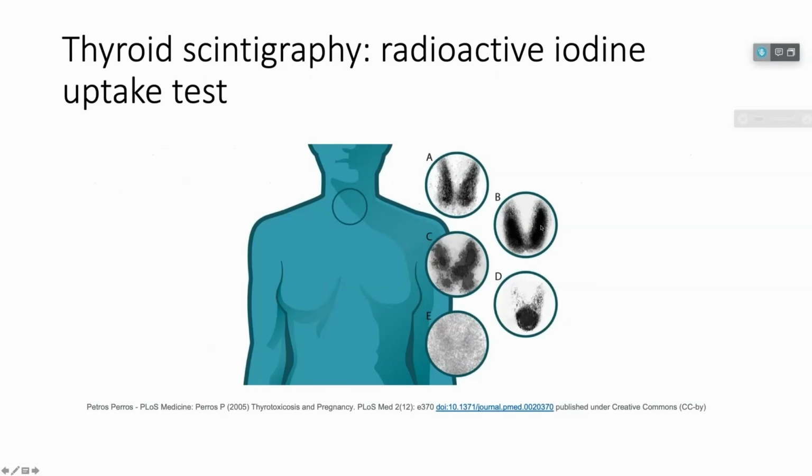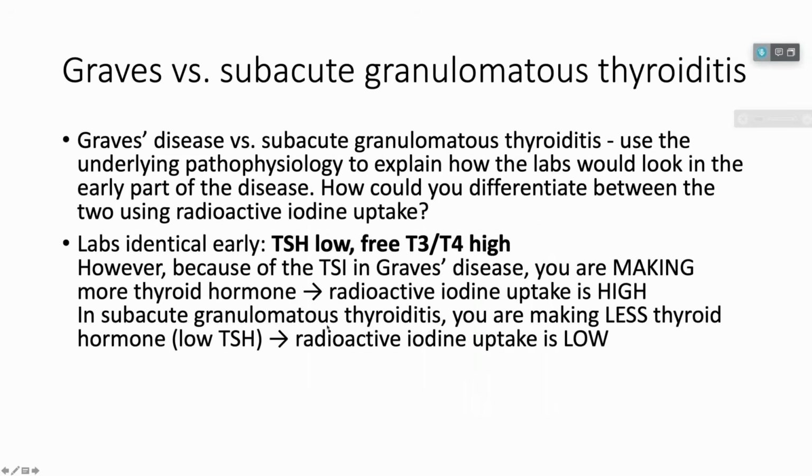You're making more. Whereas in the case of thyroiditis, you're making less thyroid hormone, because there's low TSH and you don't have something that's telling your thyroid to make more, like an antibody against the TSH receptor. So your radioactive iodine uptake would be low. Yeah, exactly.